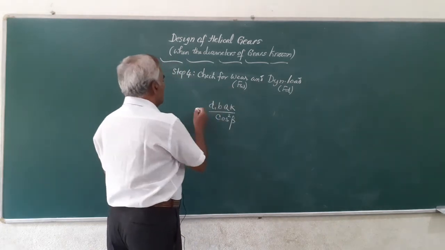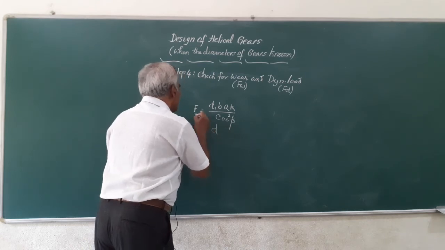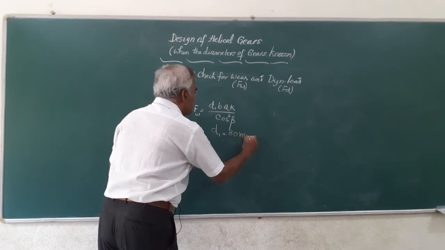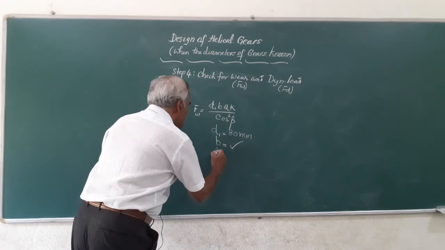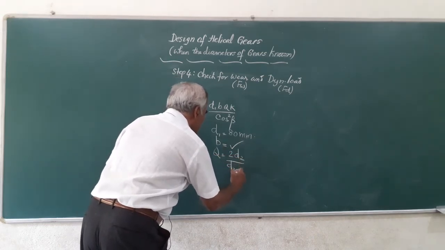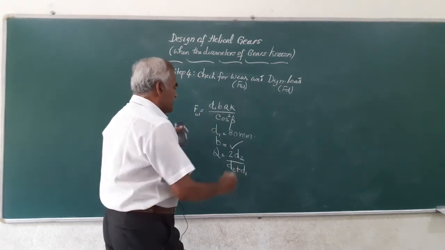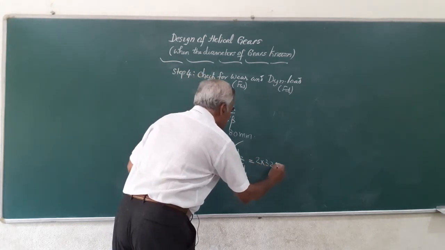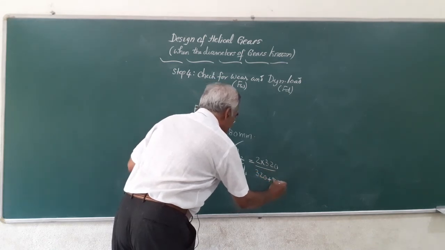So, now I will take this value of Fw. The Fw is given by d1 bqk. What are these values? d1 is equal to 80 mm, the diameter of the pinion. B we have calculated just now, and q is equal to ratio factor, that is 2d2 divided by d2 plus d1, or 2n1 divided by n2 plus n1, because we know the diameter, 2 into 320, that is 640, divided by 320 plus 80, this is 400.